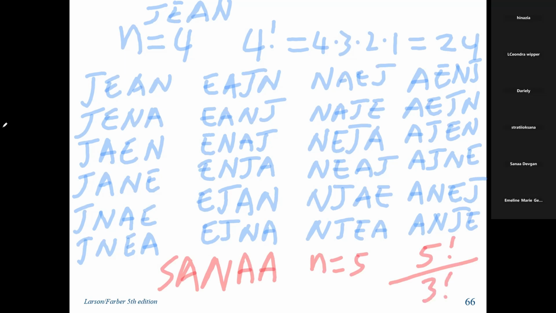We have 5 letters in this, but here I observe I got A 3 times, 1, 2, 3, over 3 factorial. So I believe Sanaa can be arranged 20 different ways. That would be 5 times 4, which is 20 different ways. Okay, Sanaa?